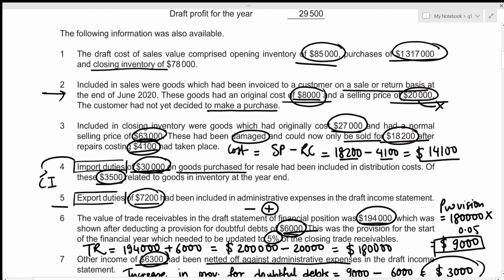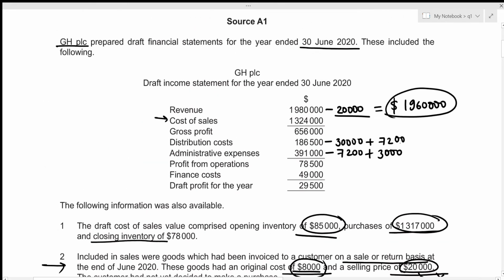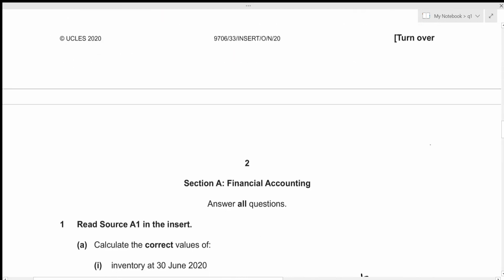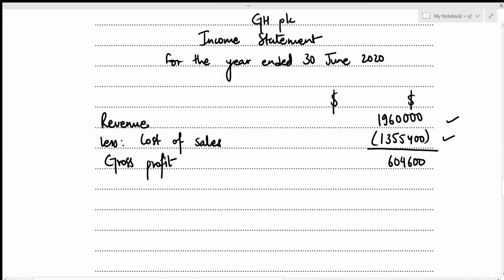So I'm just going to mention this 6,300 right here in administrative expenses. And we need to add that amount of 6,300 as other income to our gross profit in the income statement. Let's do that. So that's other income with a value of 6,300. Let's have a look above to see if we have any other incomes.